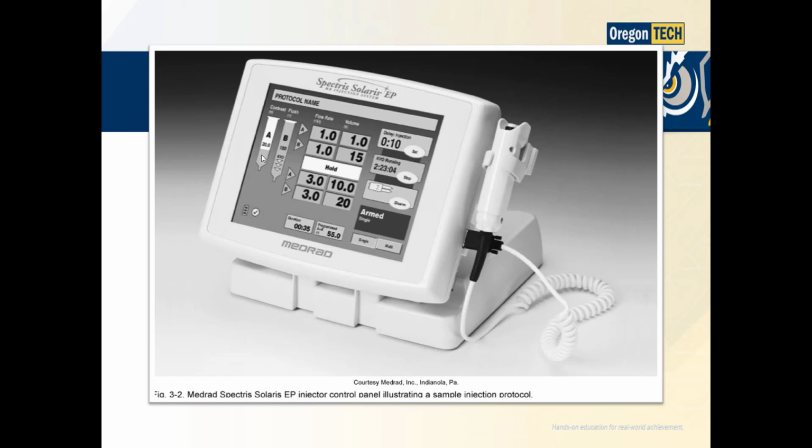So what happens is it's going to deliver, it looks like 20 mLs or cc's of contrast, and then it's going to be followed by a short injection of flush. And that's so that you can limit your contrast use and keep the patent IV port.